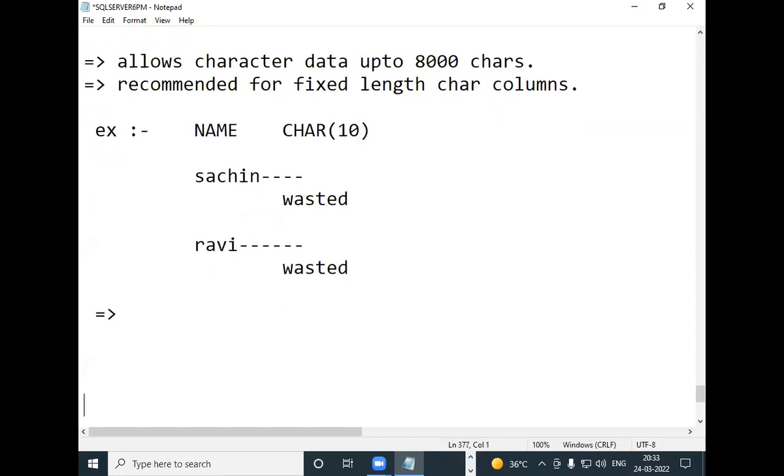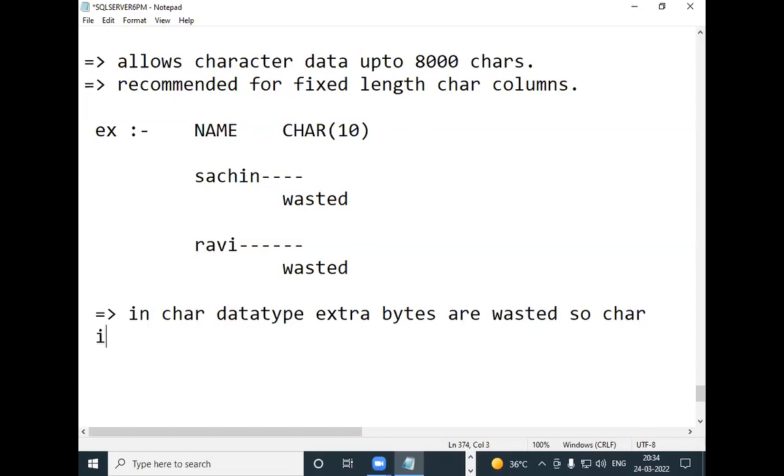So that means in the char data type, extra bytes are wasted.